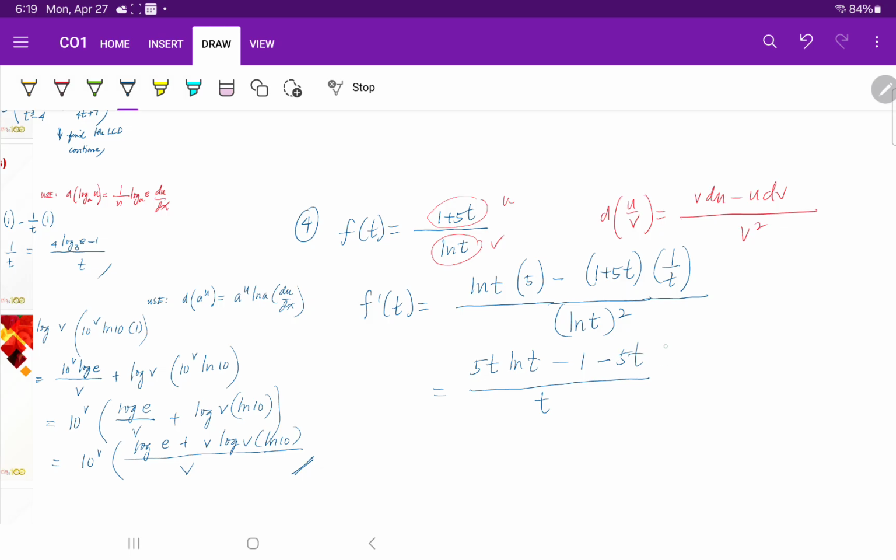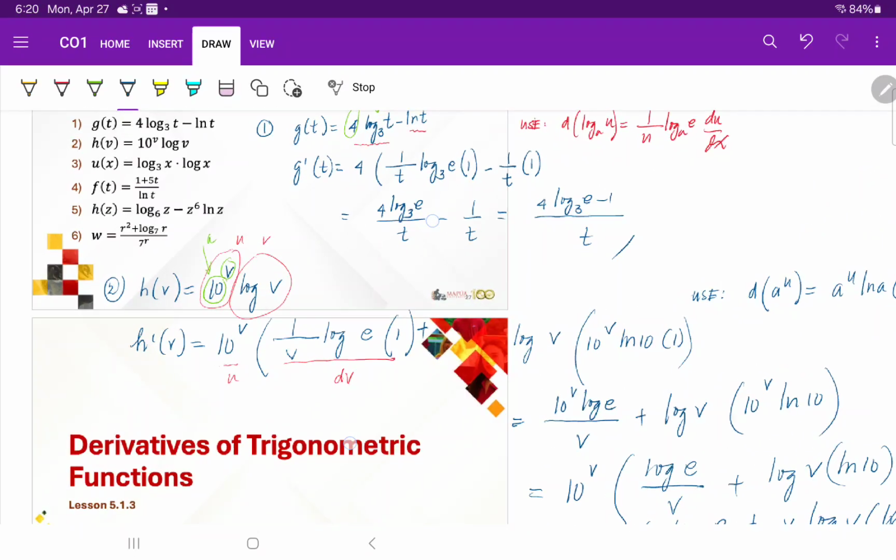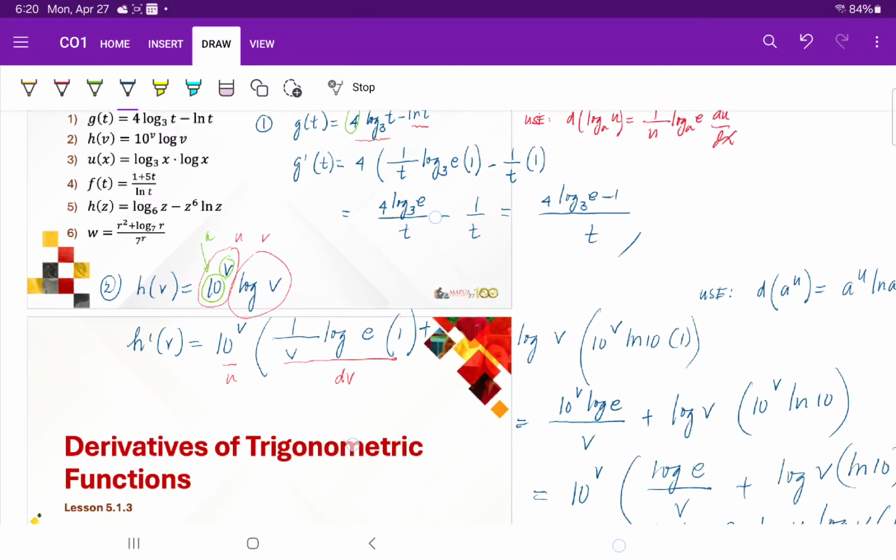This is your numerator, so you multiply it by the reciprocal of the denominator. Simplifying further, this gives you 5t ln of t minus 5t minus 1 over t times ln of t squared. Okay, so that's number 4.